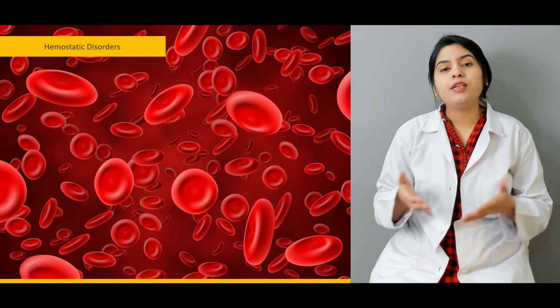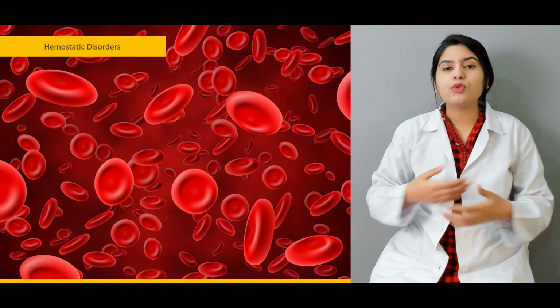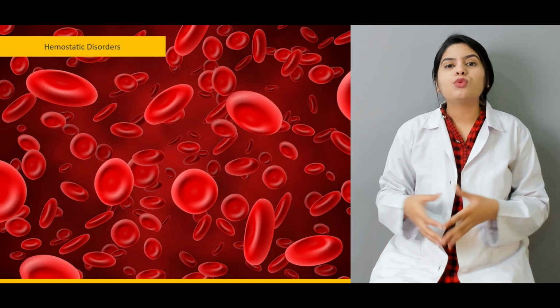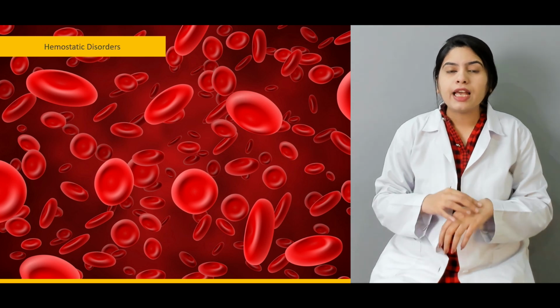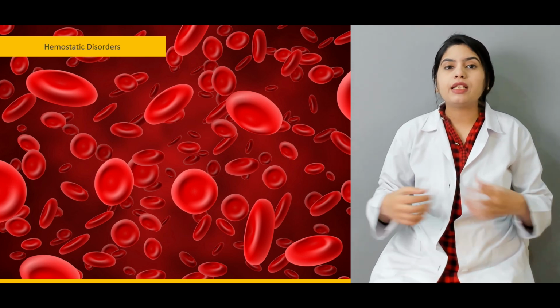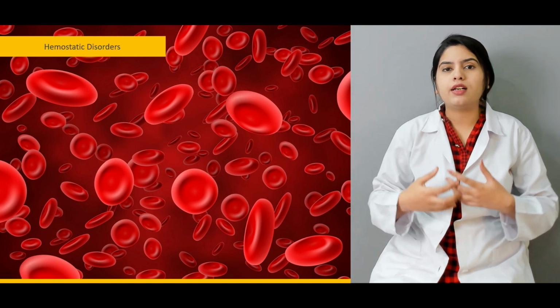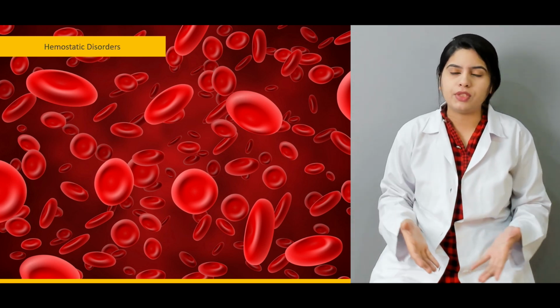This is basically the hemostatic disorder that is leading to increased bleeding, which may appear on your skin as simple patches, or may be large enough or excessive enough to cause the death of the patient.